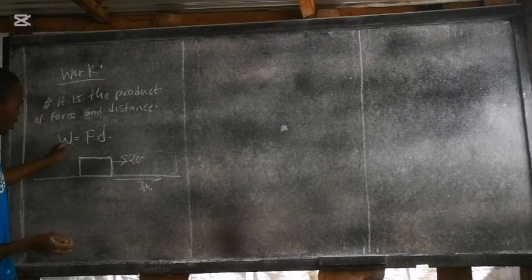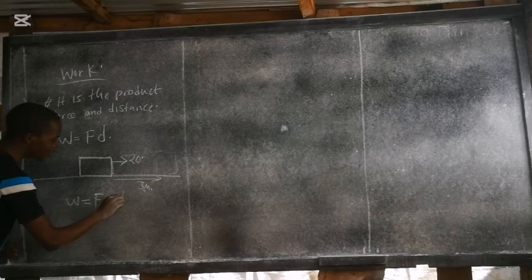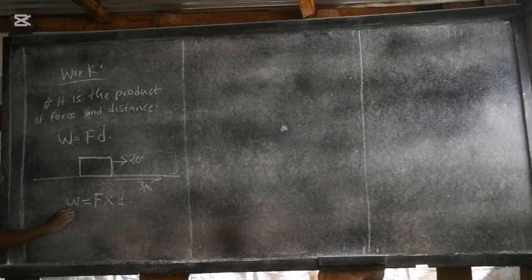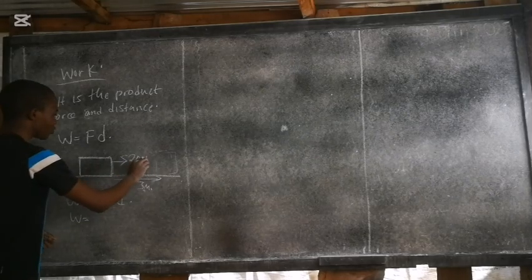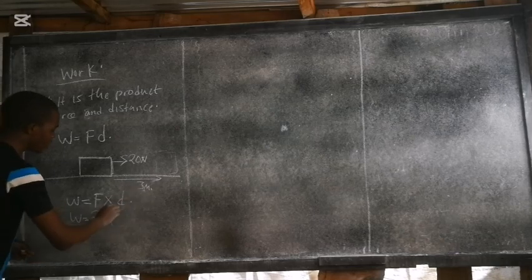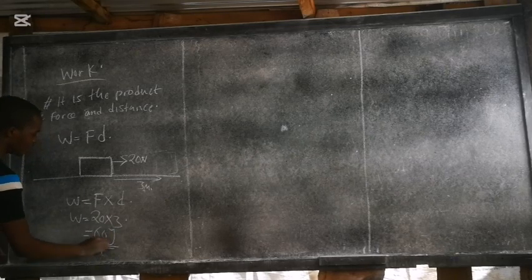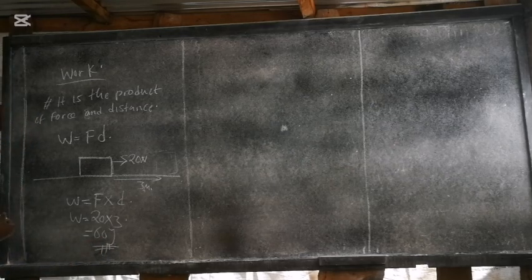To calculate the work, work is equal to force times distance. Our force is 20, at a distance of 3, which is 60 joules. The work is 60 joules.